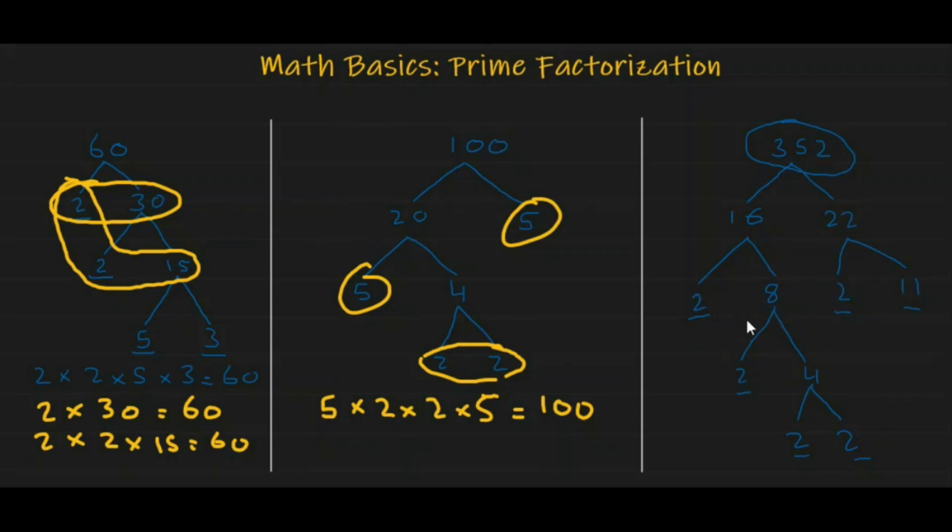Or you could do 2 times 4 times 2 times 11 times 2, you should get 352. Or basically just use all the prime factors, and when you multiply, you should get 352 as well.